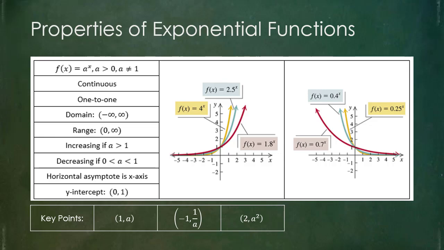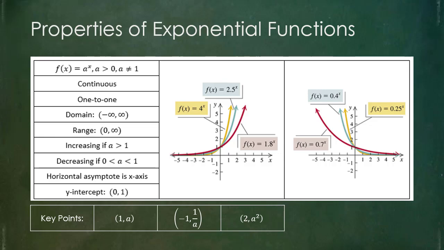Both scenarios always have a horizontal asymptote that would be the x-axis. It's just a matter of, is it going to approach it on the left side or is it going to approach it on the right side? And again, that's dependent upon what type of base you have, whether it's greater than 1 or between 0 and 1. Both did have a y-intercept at 0, 1.